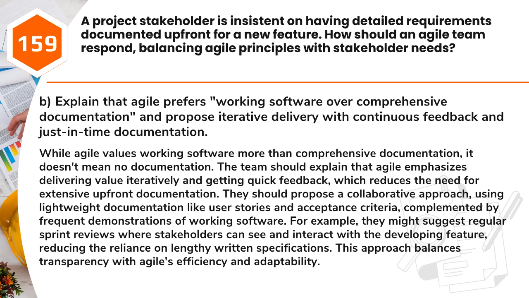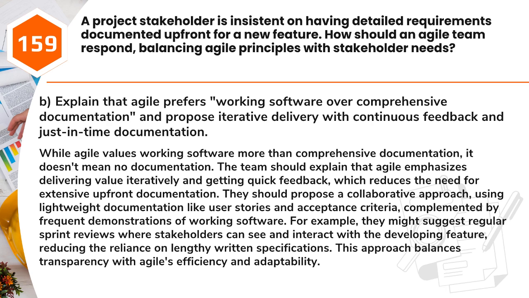Answer: B. Explain that Agile prefers working software over comprehensive documentation, and propose iterative delivery with continuous feedback and just-in-time documentation. While Agile values working software more than comprehensive documentation, it doesn't mean no documentation. The team should explain that Agile emphasizes delivering value iteratively and getting quick feedback, which reduces the need for extensive upfront documentation.